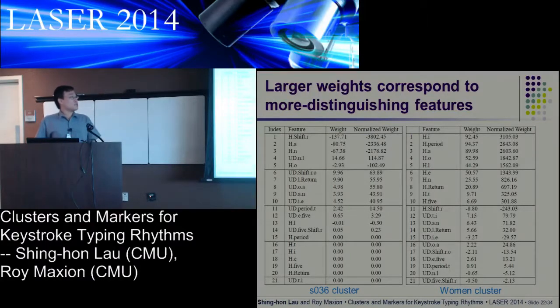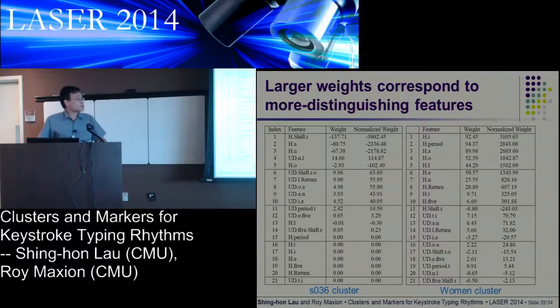If we look at the right-hand side table, we see a little bit more order than on the left. So the 11 hold times occupy the top 11 spots in the table. And what that tells us is that these 11 hold times are the most distinguishing features of the woman cluster. The latencies, however, still matter, because while they might occupy the bottom 10 spots of the table, they still have non-zero weight, so they're at least somewhat distinguishing of typing from subjects in the woman cluster.